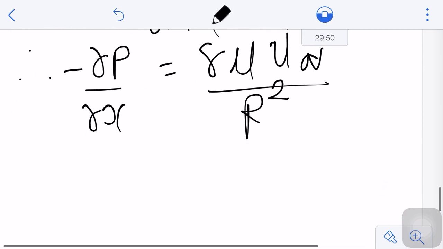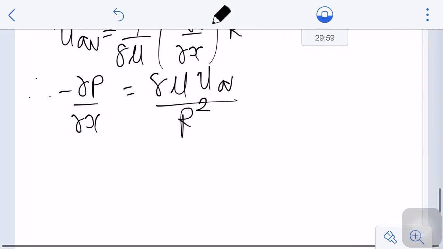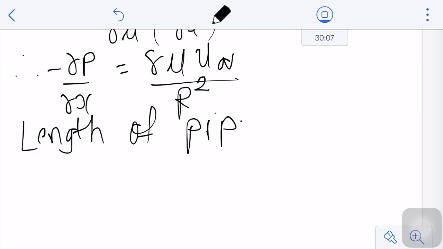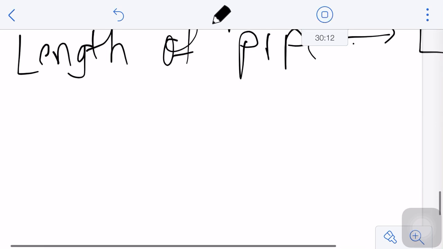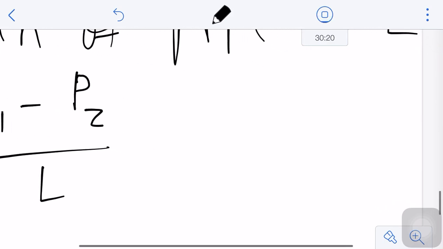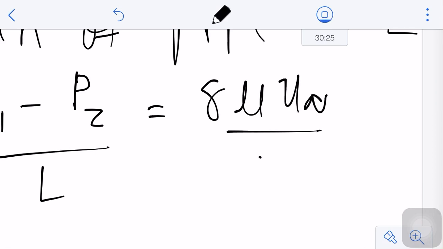Now, when we determine the pressure drop, we should have the length of the pipe, so we have to consider the length of the pipe as a finite one. Let's consider the length of the pipe as capital L. So the pressure drop from one side to another, which is nothing but P1 minus P2 with respect to the length of the pipe, would be equal to 8 mu u average divided by R square.